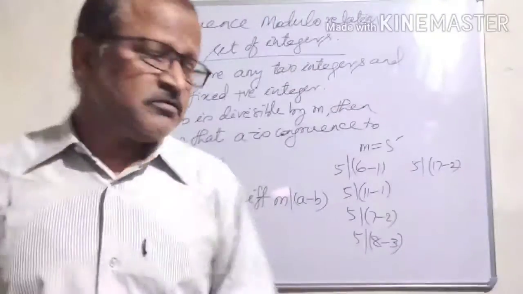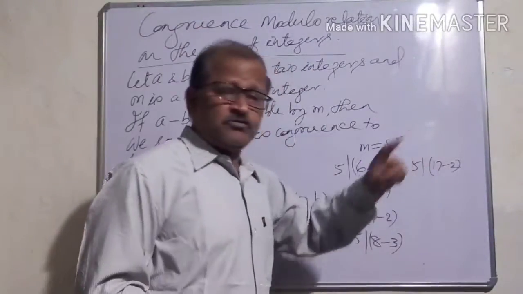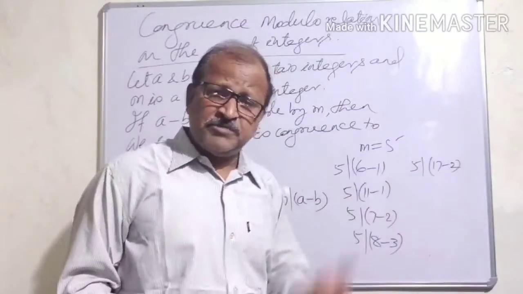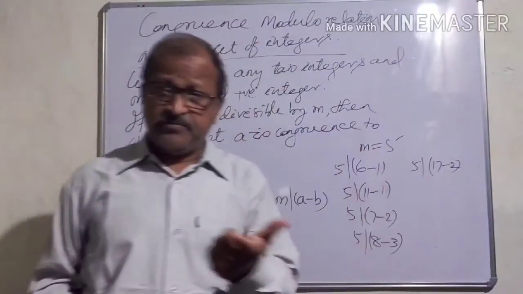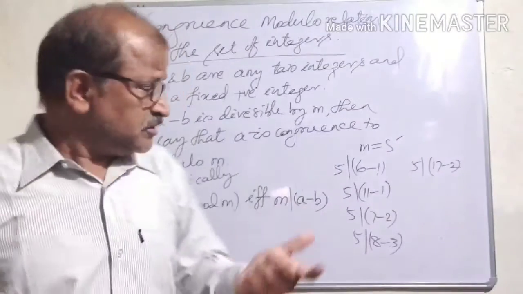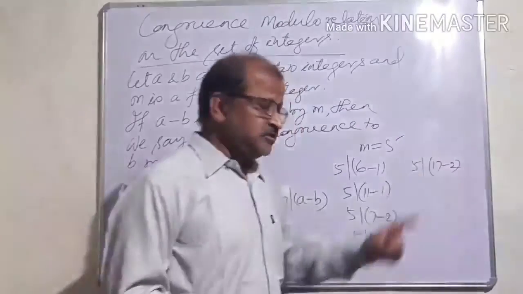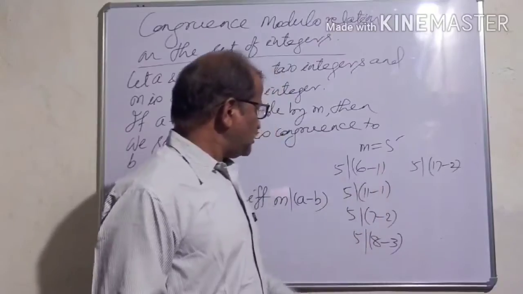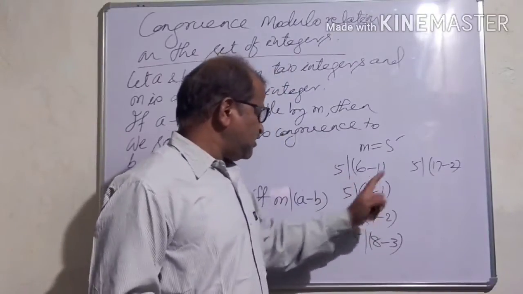Understand? 17 minus 2 is 15, and 15 is divisible by 5.